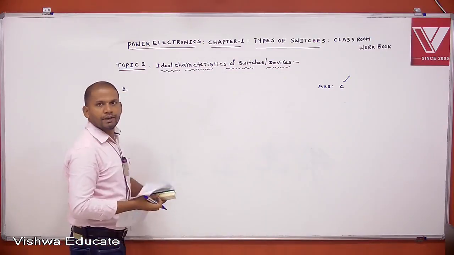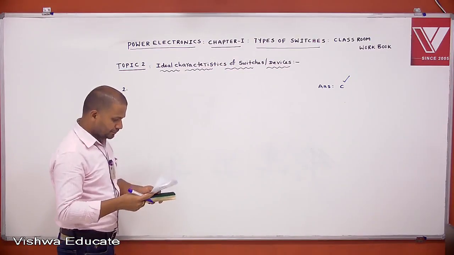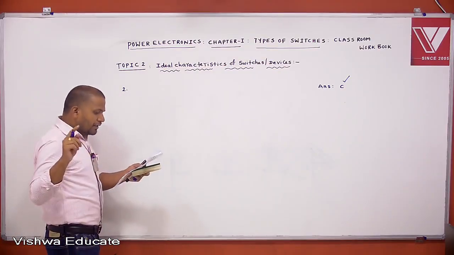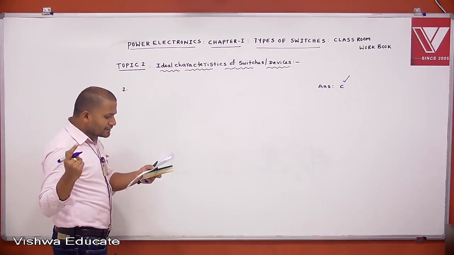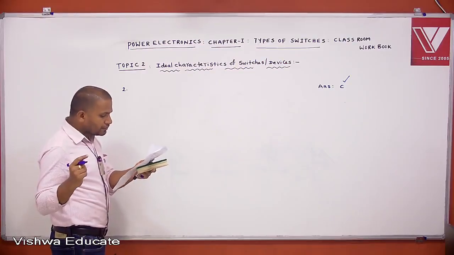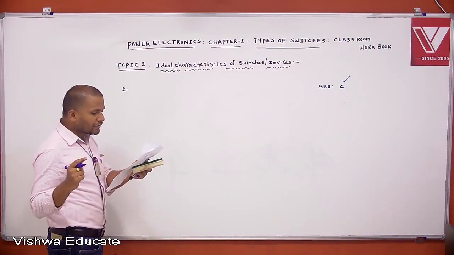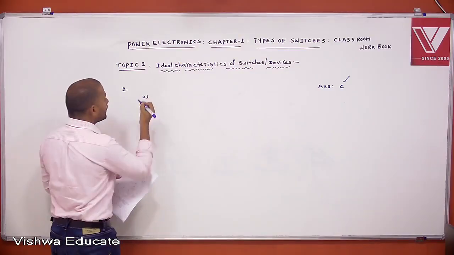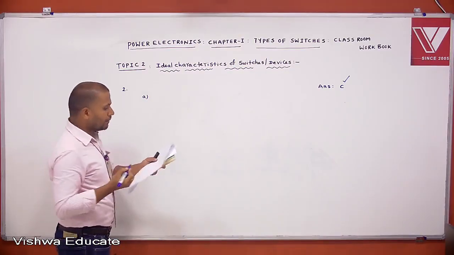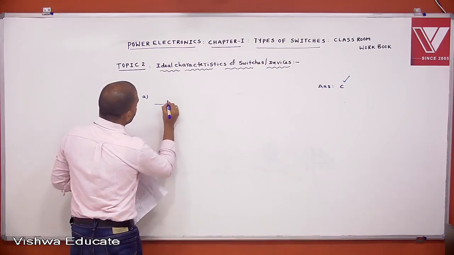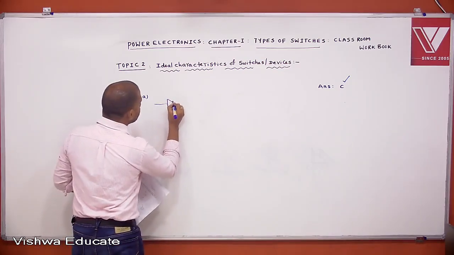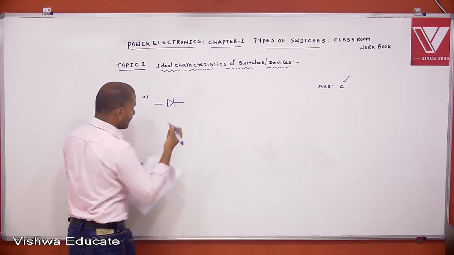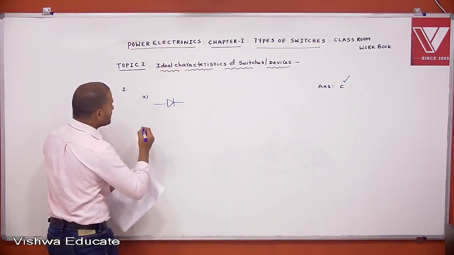Yes. Tell me what is given. Here devices are given and their characteristics are drawn. Then what is the matching for this one? First device is diode. Okay, A. Diode is given. Second one is B. Thyristor is given.